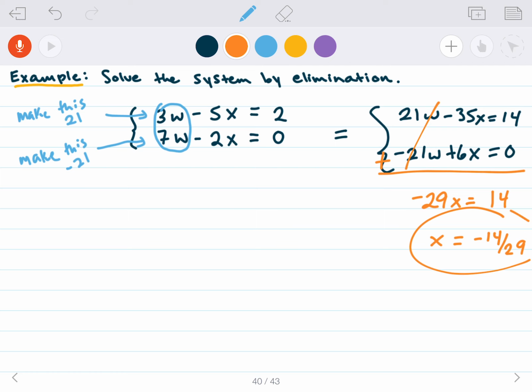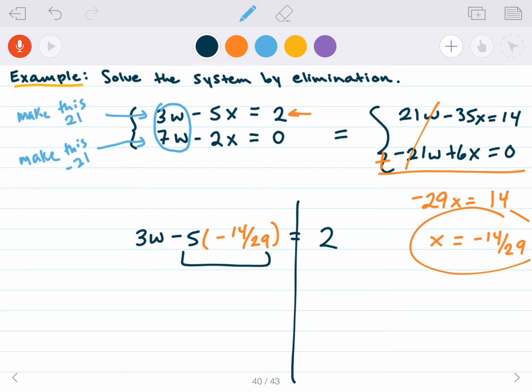So we found x. Now we need to figure out what w is with either of these equations, any version. I'm just going to use the first one to keep it simple. We have 3w minus 5 times x. We just found x. It's negative 14 over 29 equals 2. And we want to solve for w.